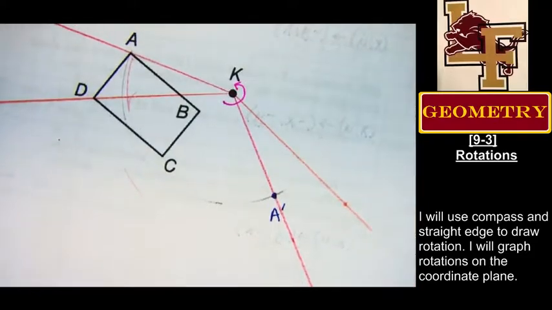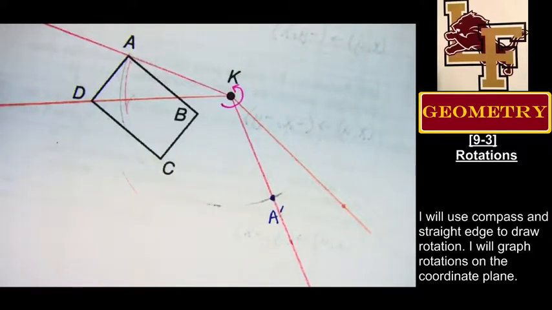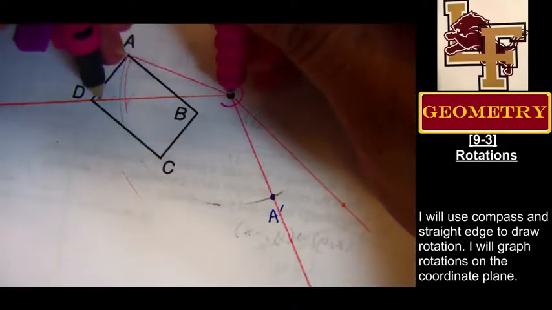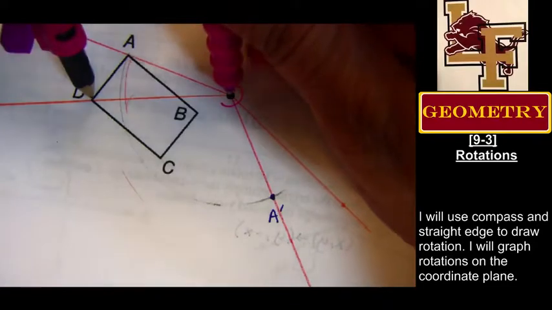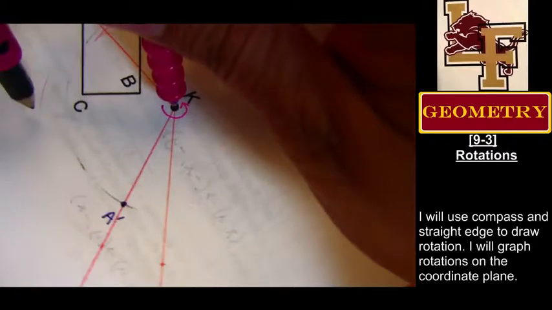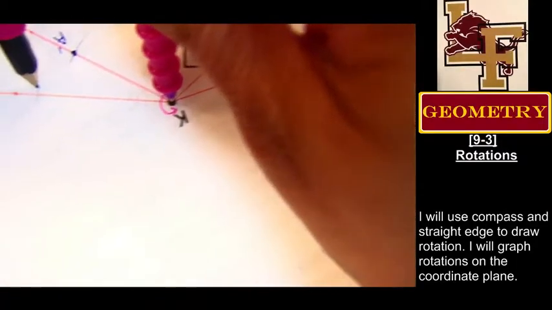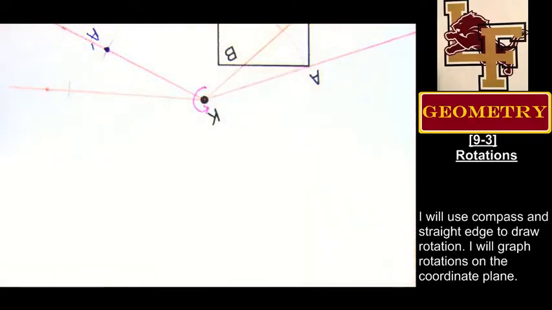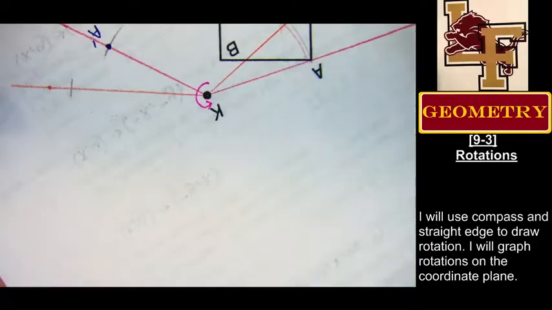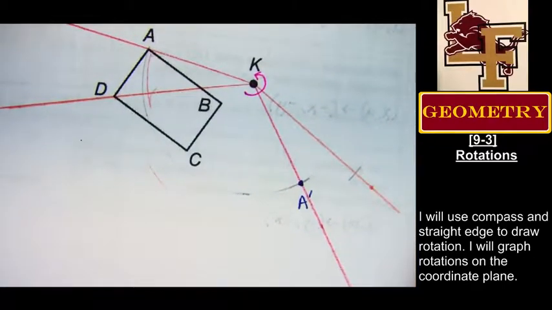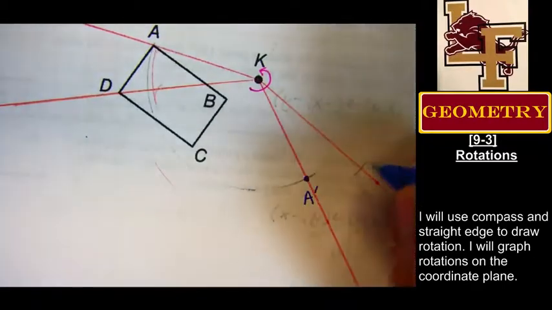And then using my compass to find the distance from K, the center of rotation, to D, which is the point that I was rotating. I don't have to pick up my compass, I can just spin my paper. I want it to cross the mark that I just drew. And that would be D prime, yes.